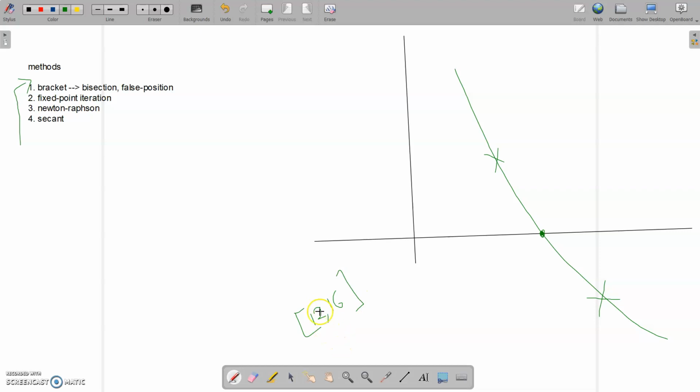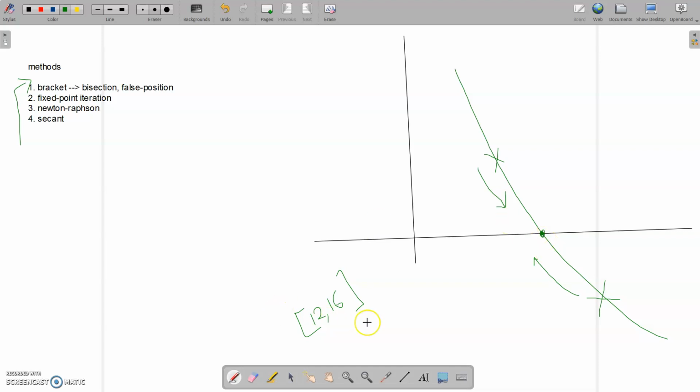This was the assumption initially made using the graphical approach or any other way. So we are assuming that the root lies within this range. Then we try some method to converge to this point. The more iterations we make, the closer we get. This was the bracket approach.